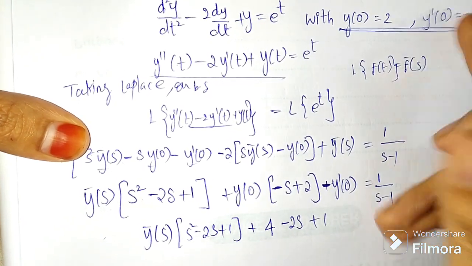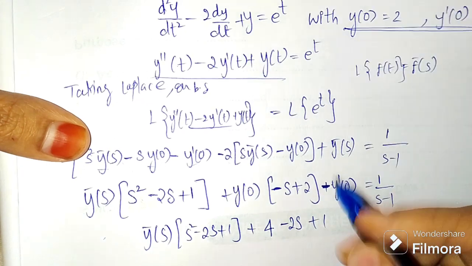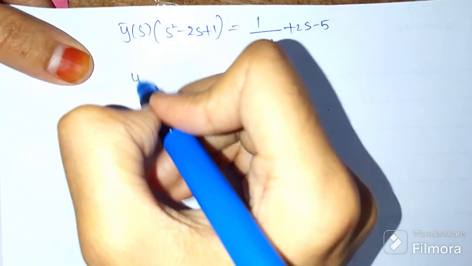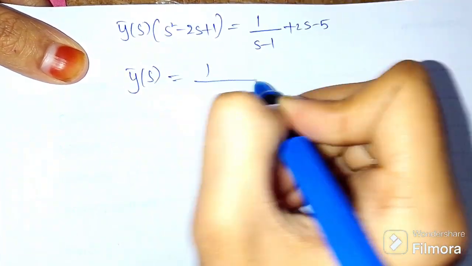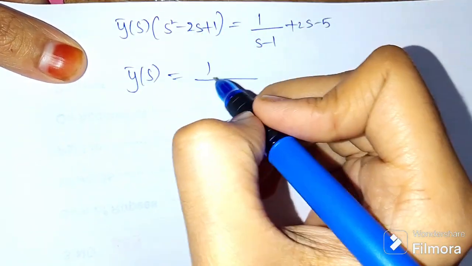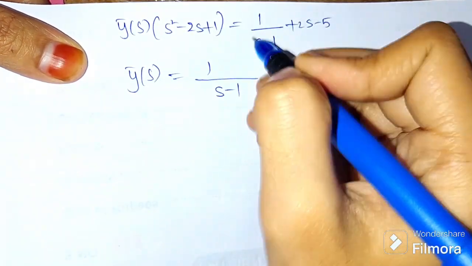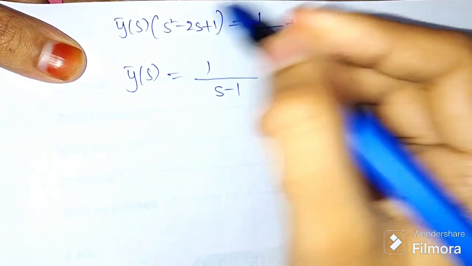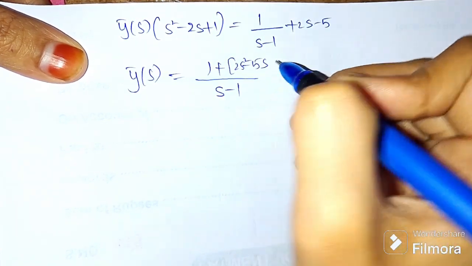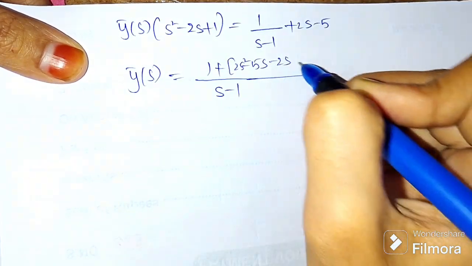Okay, y dash of 0 I substitute, is equal to 1 by s minus 1. So I will be leaving only y bar of s this side. So what will be this? I have s minus 1, multiply this as 2s square. I'll get 1 plus 2s square minus 5s minus 2s plus 5.